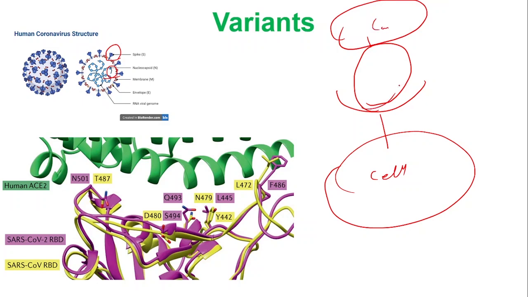I made this spike protein bigger to look better. This one has a receptor binding domain, and this receptor binding domain has 5 important amino acids: 1, 2, 3, 4, 5. These 5 most important amino acids are binding to receptors, and mutation in these 5 amino acids makes the variants of coronaviruses.